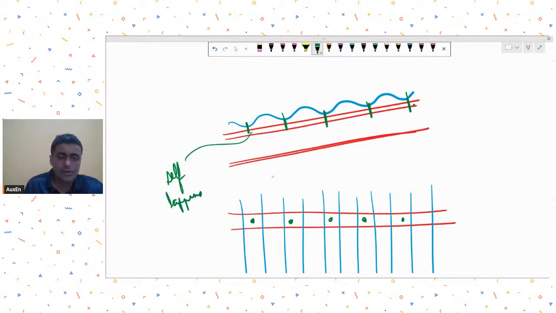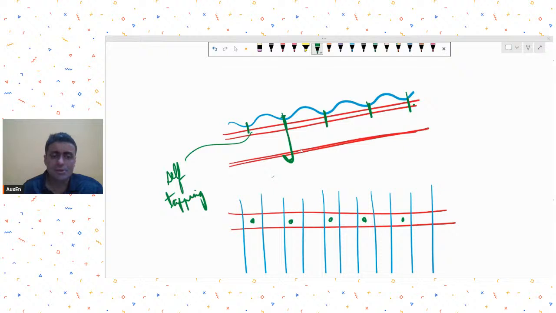These days nobody uses the J hook or J bolt. What used to happen is that you used to have a J shape which would attach itself to the bottom of the flange of the purlin, and that was called a J hook or a J bolt.